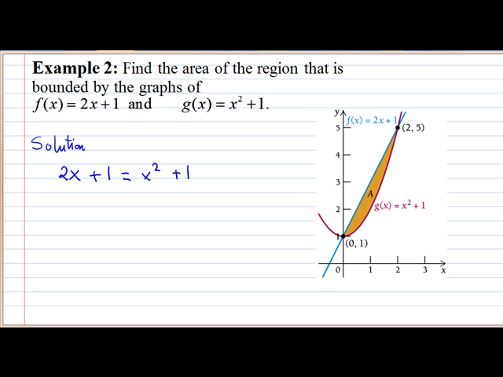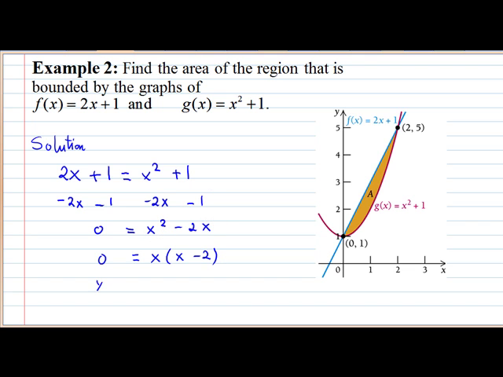So I see that we have a parabola, a quadratic equation, so we subtract 2x and subtract 1 from both sides. We get x squared minus 2x, and then we factor out the x because x is the common factor.